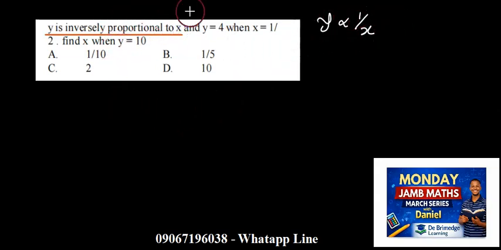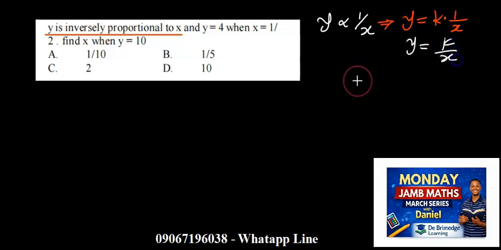One of the ways to finish this up is that we remove the proportionality sign and introduce our constant. So y is equal to k times 1 over x. If we simplify this, that gives us y is equal to k over x.